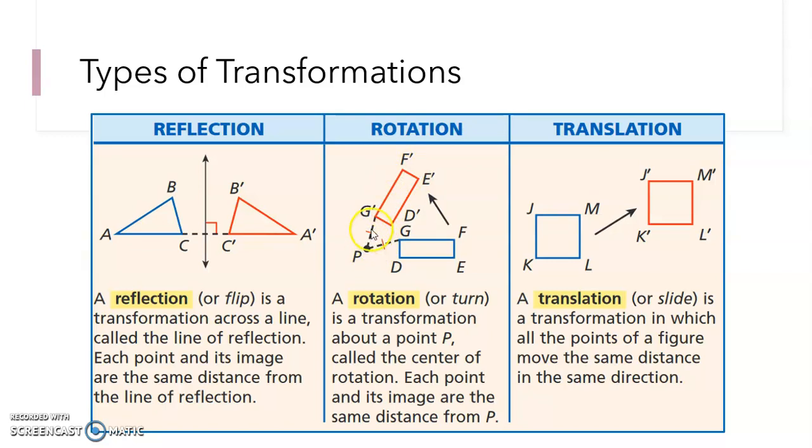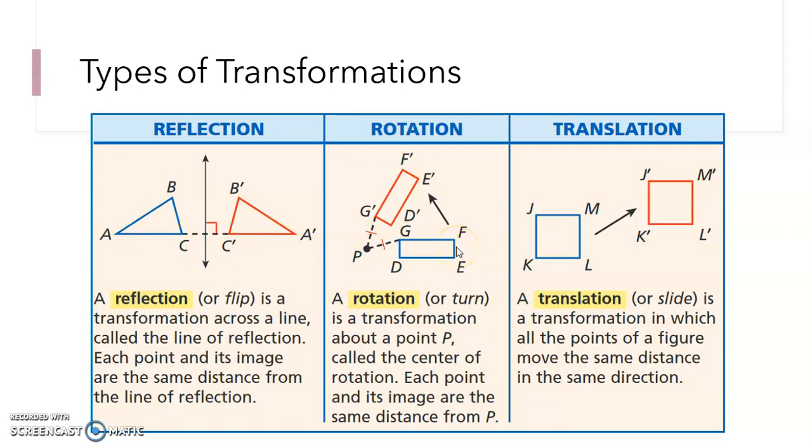Notice that each point is the same distance again from point P, and the points have basically stayed in the same order. Okay, notice F was above E, F is still above E up here. Over here though, A was to the left, but now A is to the right. So notice the reflection changes the order of the points, the rotation will not.